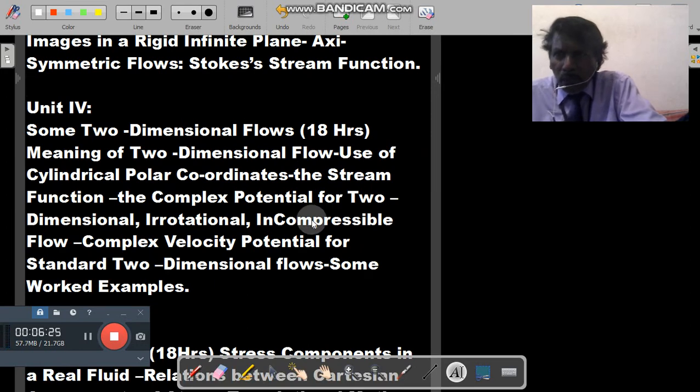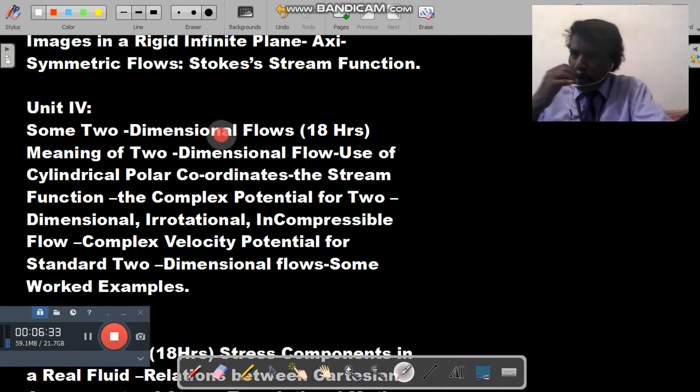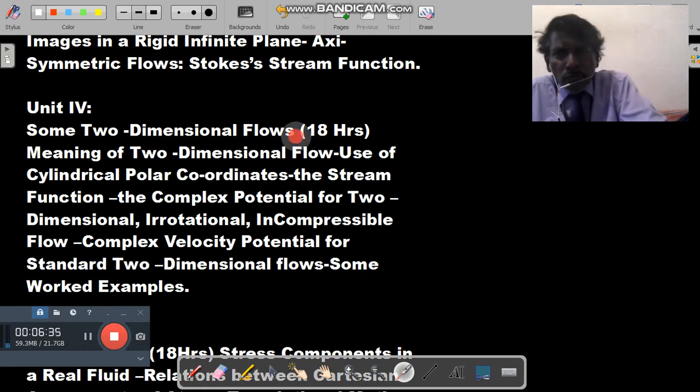Next one is unit number 4, which is some two-dimensional flows. Again, it needs 18 hours to discuss the topic here.